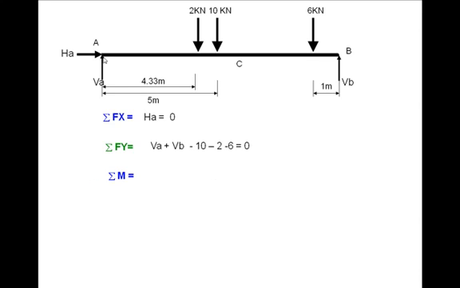Taking moment about A again, sigma M = 0 tells me VB into the whole distance 10, then 6 into this distance 9, 2 into this distance 4.33, and 10 into distance 5. The last equation will give me VB, and if I put it in the sigma Fy equation, I get VA, and HA we have already worked out. So we have again worked out all the support reactions by using equilibrium equations applied to this beam.